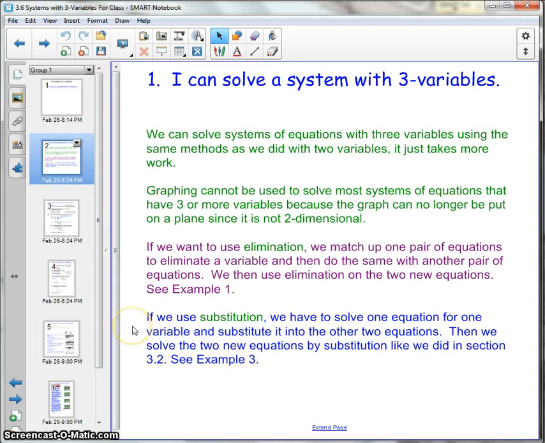We solve one equation for one variable, then substitute it into the other two equations. Then we solve the two new equations by substitution like we did in section 3.2. Each of these methods could be used, but each of them takes a little more work to solve for each of the three variables.